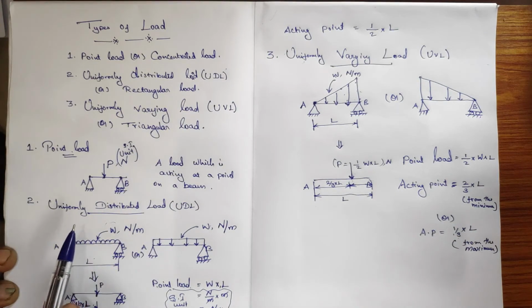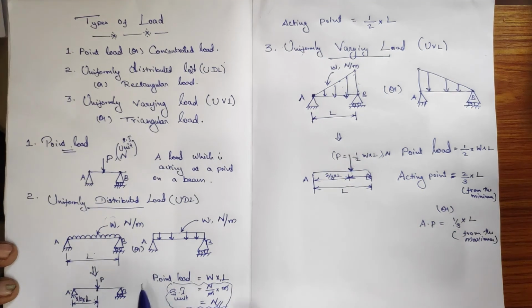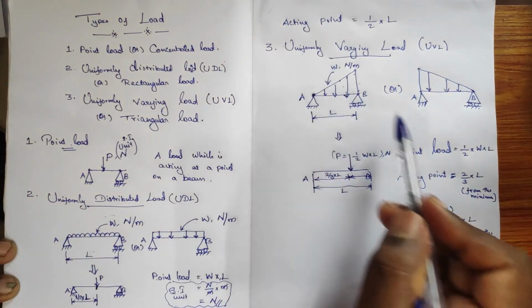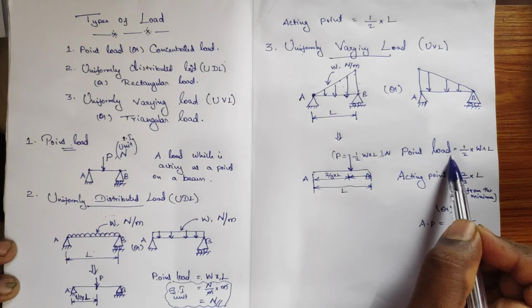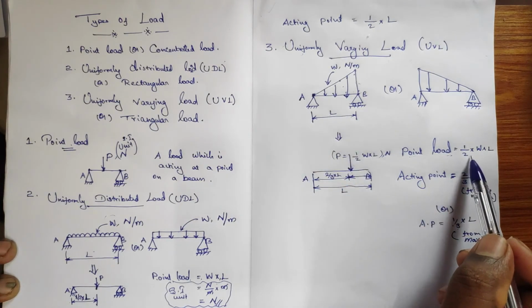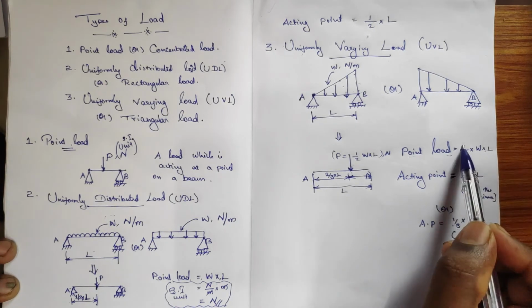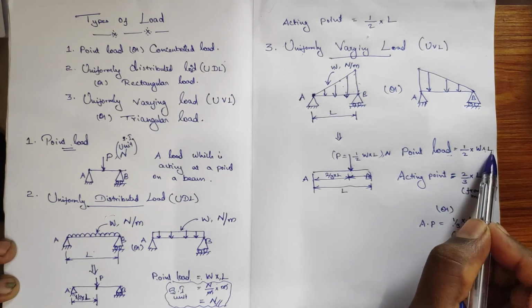And with the uniformly distributed load and uniformly varying load, we just need to convert it into a point load. In order to convert it into a point load, we have to multiply the load by its distance. For the uniformly varying load, half the load into its distance, right?